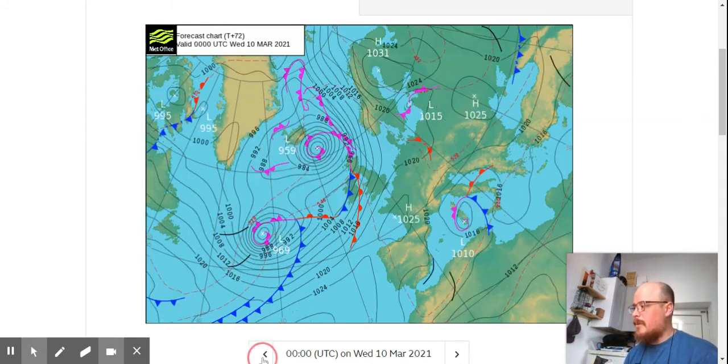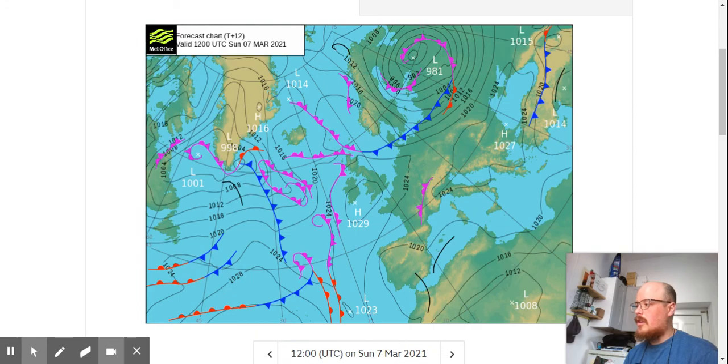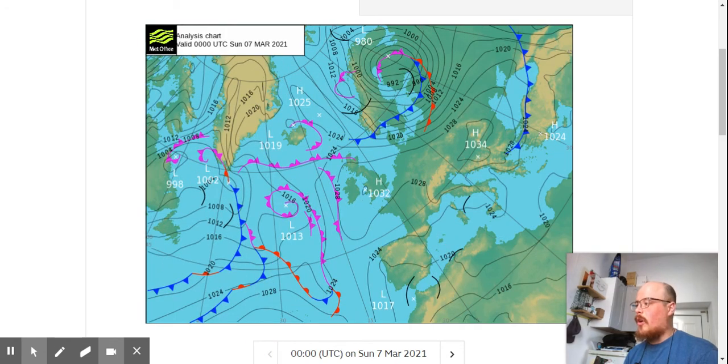This pretty much gives us not only an understanding of what the pressure's doing, but it also gives us lots of information about how different pressure systems work. You can see on Sunday, midnight on Sunday, there was a big low pressure system across Scandinavia. So I guess that they've had lots of snow.